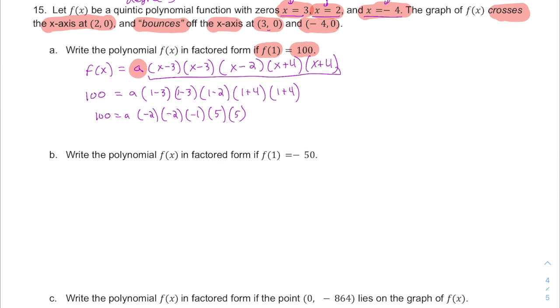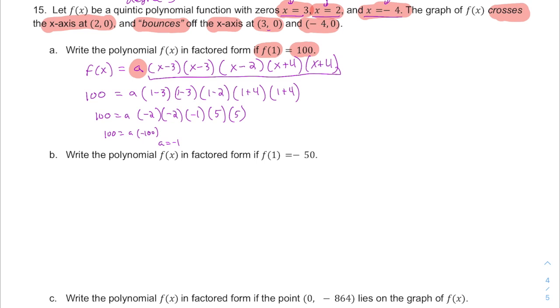Okay, and so negative 2 times negative 2 gives us positive 4, times negative 1 gives us negative 4, times 25 gives us negative 100. So we get that 100 equals a times negative 100, therefore a must equal negative 1.